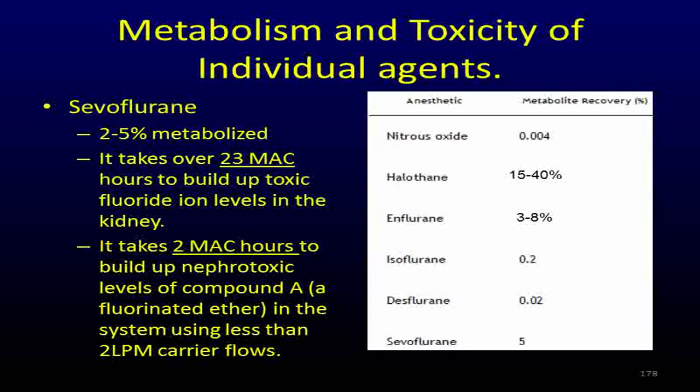So what you do is you either have flows that carry the sevoflurane higher than 2 liters per minute, or if you're going to use less than 2 liters per minute to carry your sevoflurane, you ensure that you don't go over 2 MAC hours.